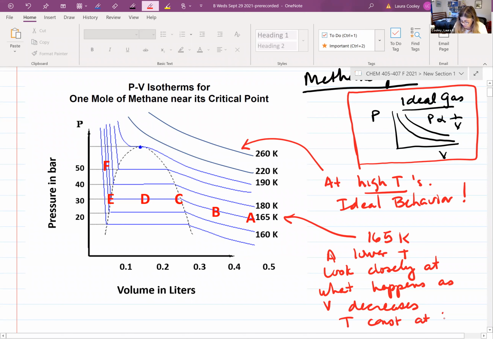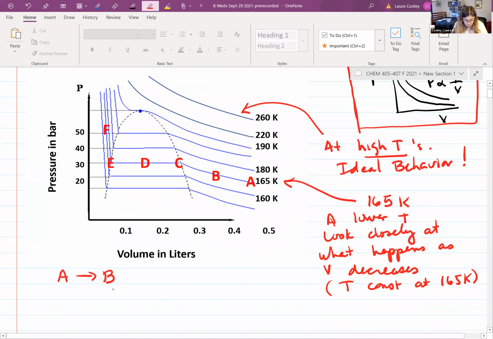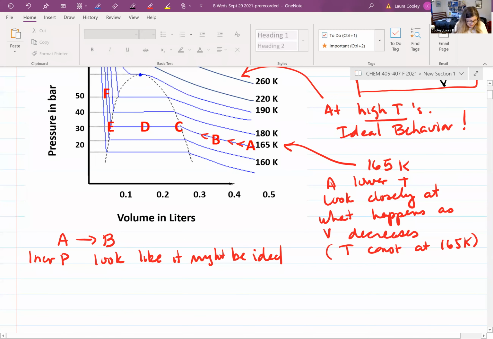Okay, so as you go from A to B, for example, it looks like it's ideal. It looks like you have this sort of inverse proportionality here. As you decrease the volume, you're increasing the pressure. It looks like it might be ideal. But its looks can be deceiving, okay?